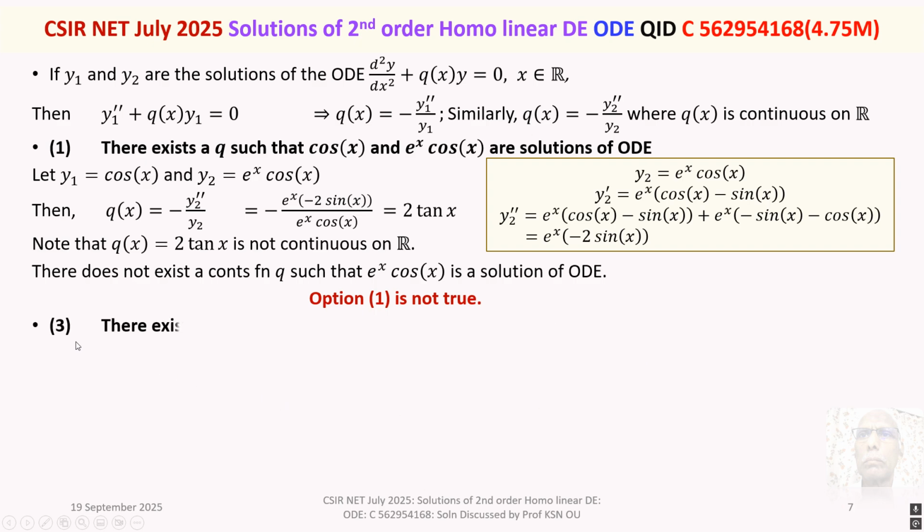Getting to the next option, option 3: there exists a q such that e power x sin x and e power x cos 2x are solutions of the ODE.